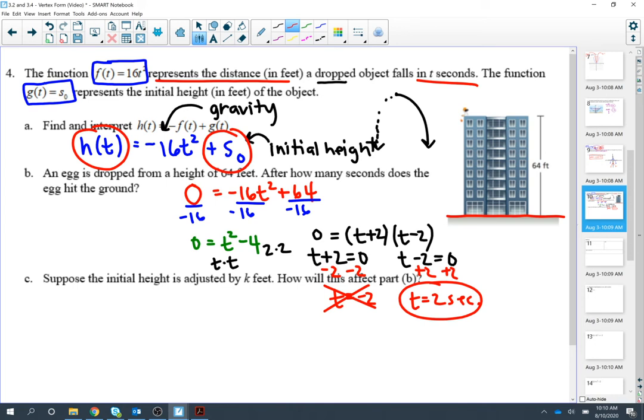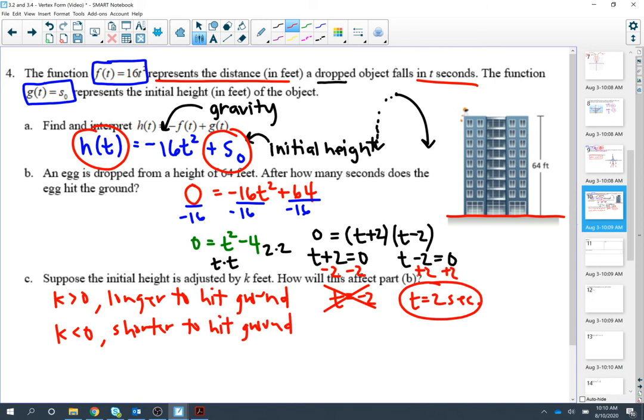So if k is greater than 0, longer to hit ground. Meaning if k is 1 or 2 or 3, you're moving it up, so it's going to take longer to hit the ground. If k is less than 0, shorter to hit ground.